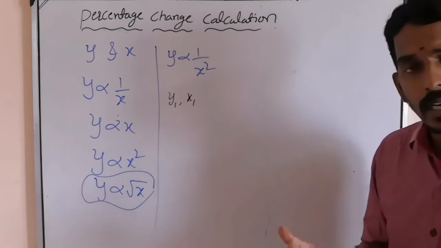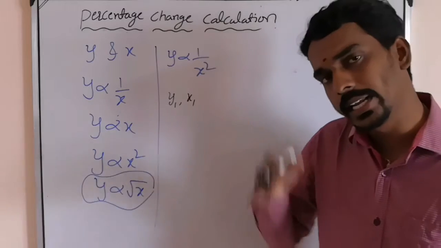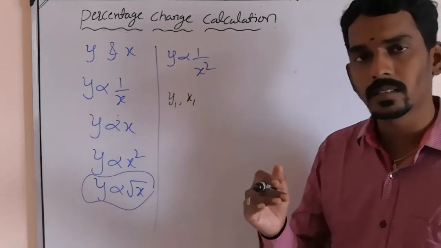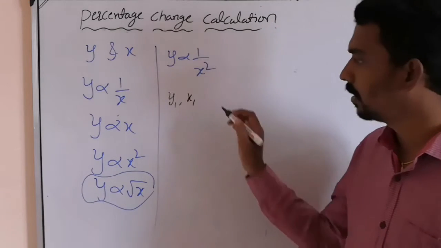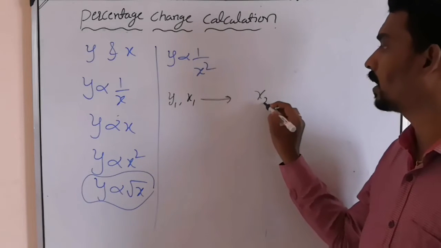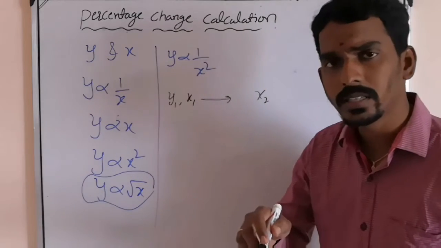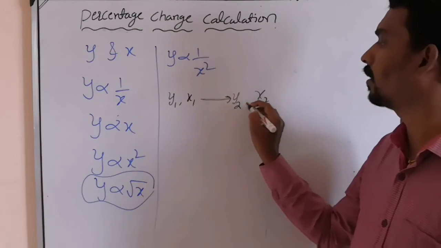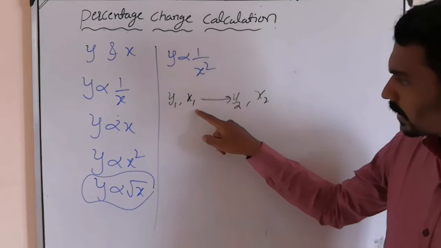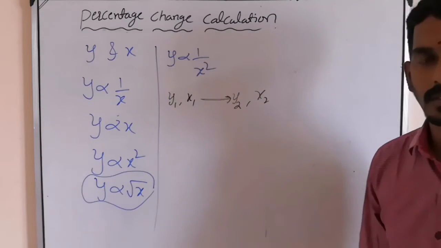Now they will mention that either y or x increased or decreased by some percentage. Suppose they mentioned x increased by some percentage, so that x value becomes something, x2. We don't know. Then y also changes, then you take the corresponding y value y2. So this is the initial set of values, this is the final set of values.